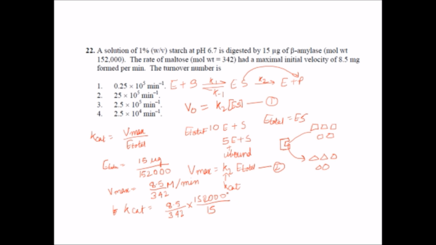But before that, I forgot to tell you that here it is microgram and here the velocity is 8.5 milligram, so you should have the same unit before solving this. Here you can express it as 15 into 10 to the power minus 3 milligram. When you solve this, you will get 2.5 into 10 to the 5 per minute.